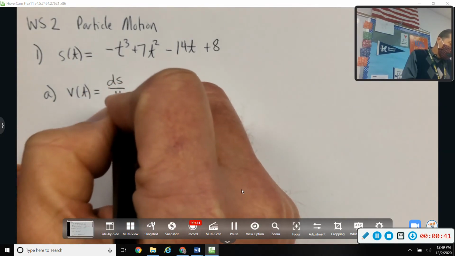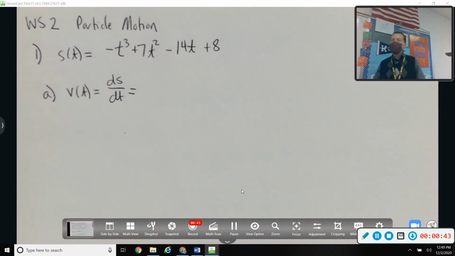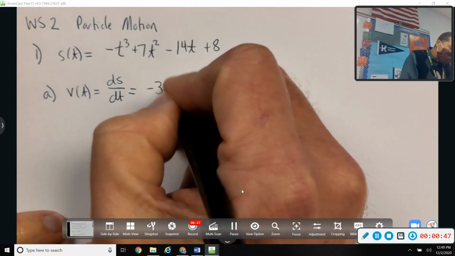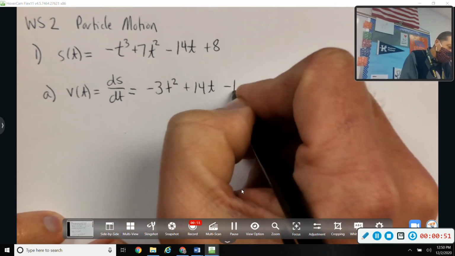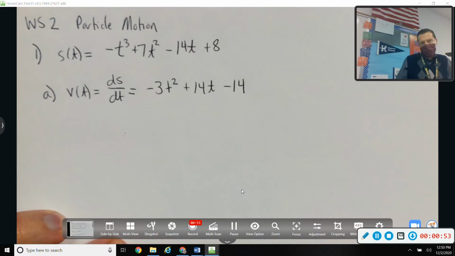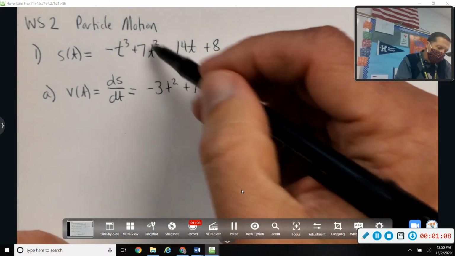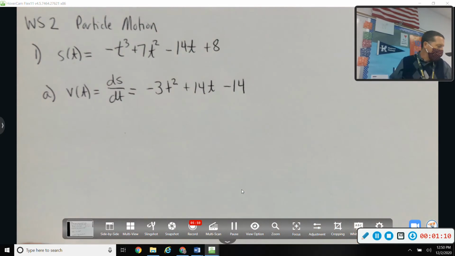Well, we know that the velocity is ds/dt, so we'll take the derivative: negative 3t squared plus 14t minus 14. Double check that when you do that, because most everything else comes from that equation, so if you make a silly mistake on a derivative, then the whole rest of the problem is going to be messed up. So do a quick double check to make sure that looks right.